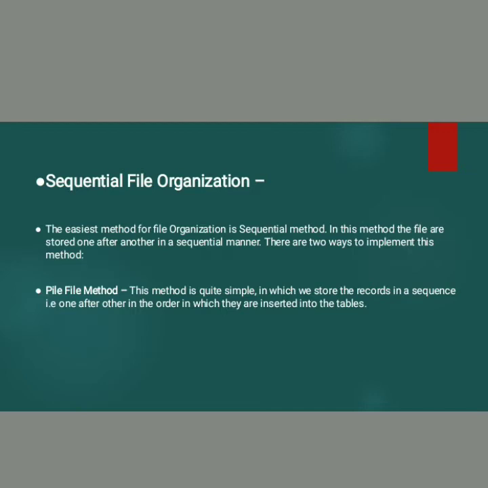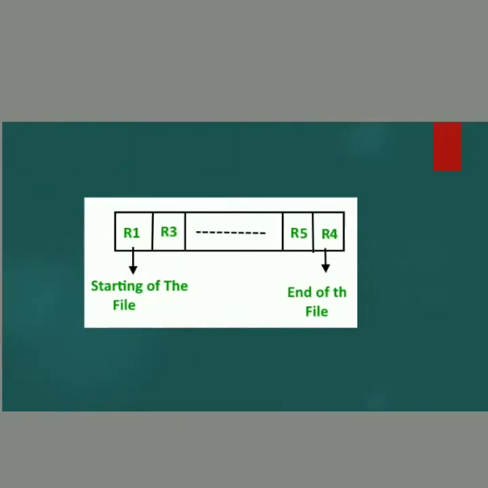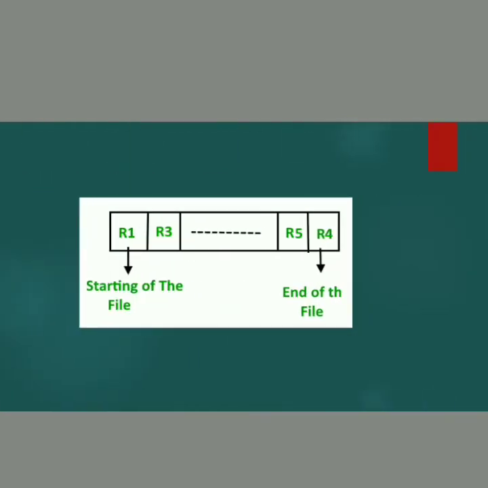This method is simple, in which we store the records in a sequence one after another in the order in which they are inserted into the table. For example, here we can see the diagram R1, R3, R5, R4. Here the records are stored in the file. The start of the file is R1 and the end of the file is R4.